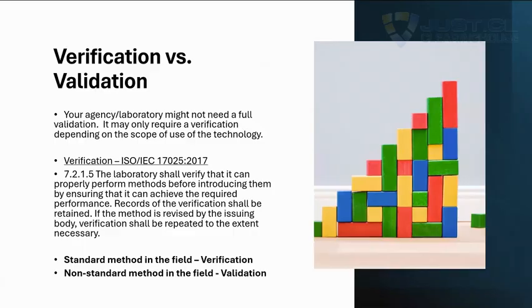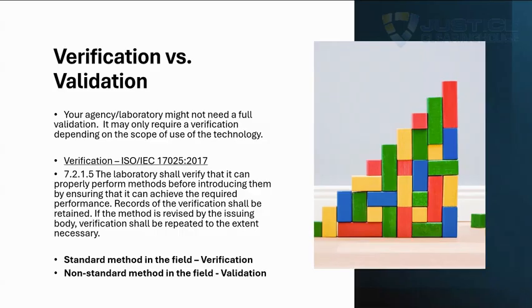So let's also review verification versus validation. If your agency or laboratory might not need a full validation, it may only require a verification, depending upon the scope of your use of that technology. So again, ISO says for verification, the laboratory shall verify that it can properly perform methods before introducing them by ensuring that it can achieve the required performance.